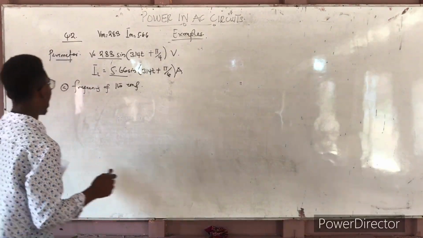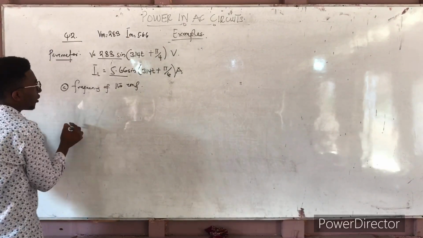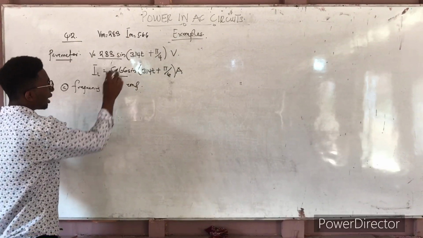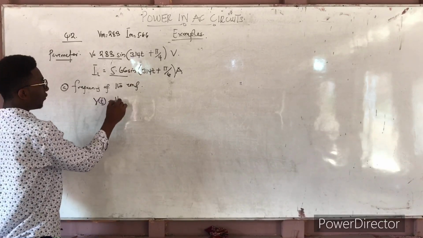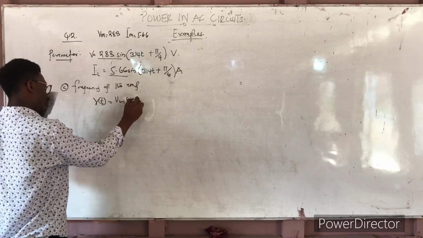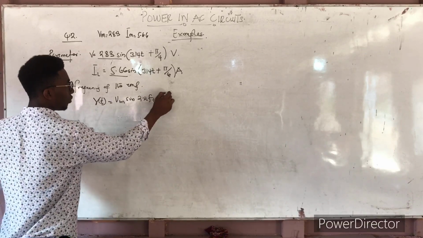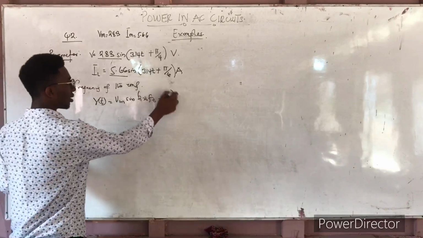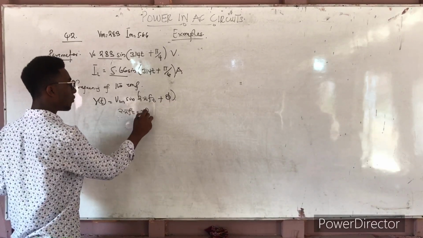Okay. So with the frequency of the EMF, this is the EMF, the voltage. So how do you find the frequency? Realize that if you write a normal voltage source, you get Vm sine of 2 pi ft plus our phase angle. Now 2 pi ft is the same as our omega t.